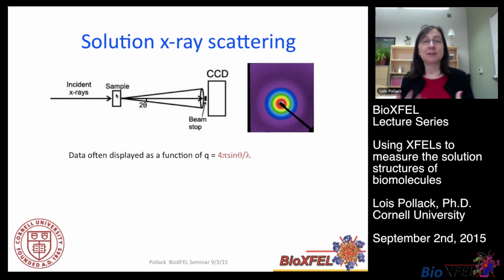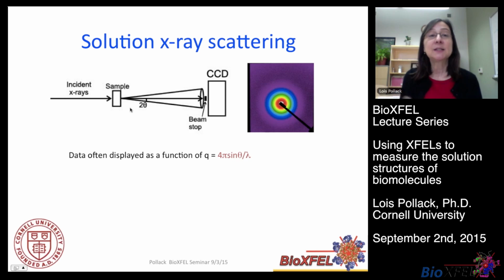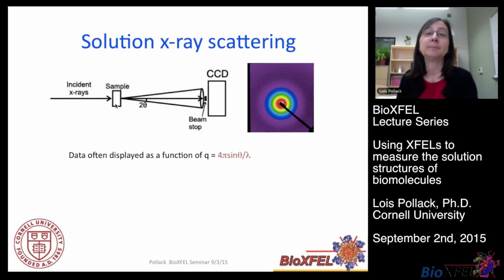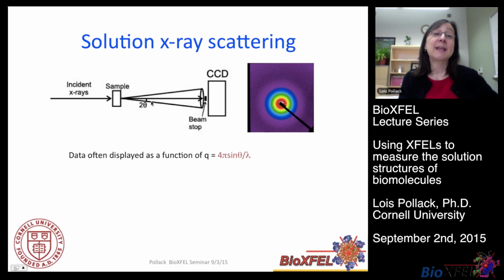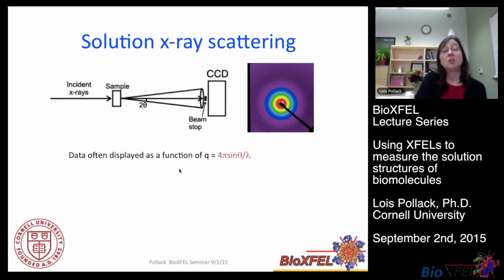And so scattering is the quest for what it was that went in here, what is the shape, what are the different densities of the objects that are in here and their structures that converts this very collimated beam into this widely scattered beam. And so the data are often displayed as a function of a scattering angle here, theta, which is rewritten as Q, the momentum transfer. But when theta is small, Q is about proportional to theta. So whenever I show you a plot that has Q on it, you can just read that as the theta scattering angle.